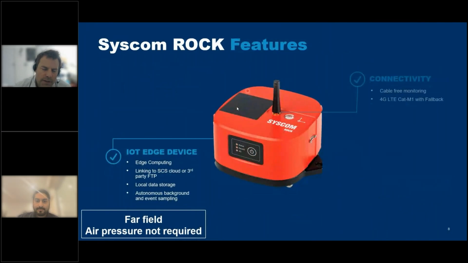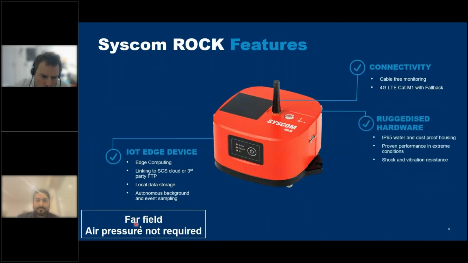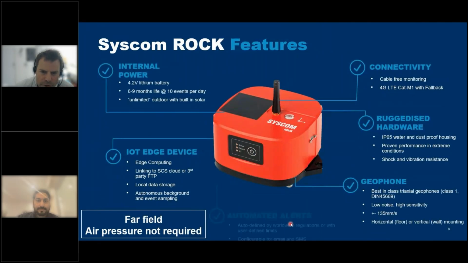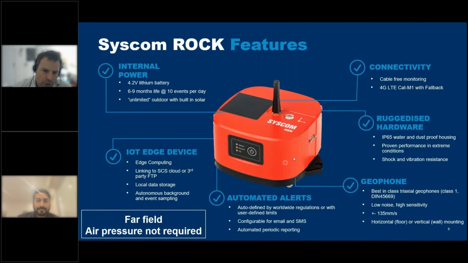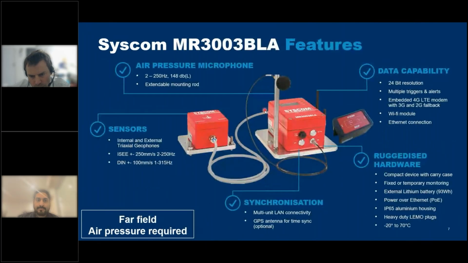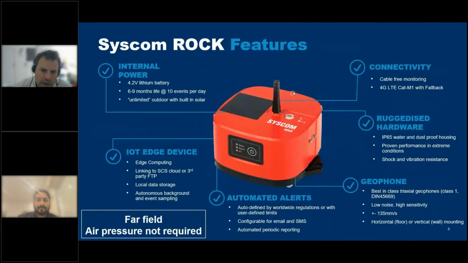And a second one that is similar, also for far field but without air pressure, is a device that is completely autonomous with a small solar panel and very small footprint, an all-in-one device. You see, compared to the previous one, where you have a few accessories and equipment, this one is an all-in-one box with edge computing where you can automatically transfer the data to a cloud platform.